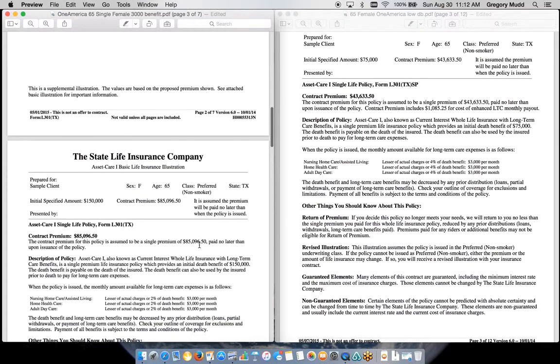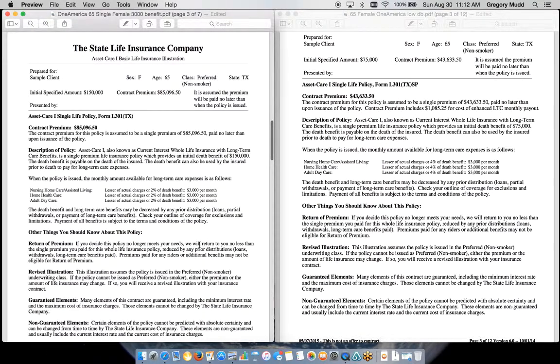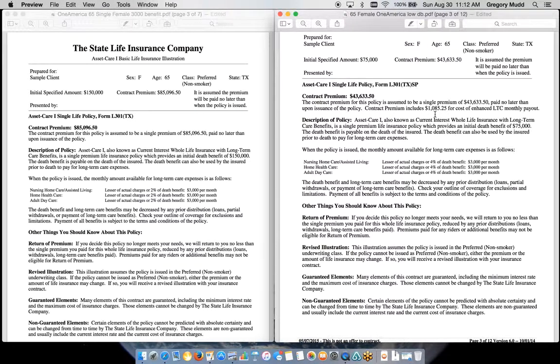And I want to compare once again with the other base policy only contract. So now we see on the left side our base policy contract of $85,000 single premium, and on this side our $43,000 single premium. We have an additional thing that says contract premium includes $1,085 for the enhanced LTC monthly payout.